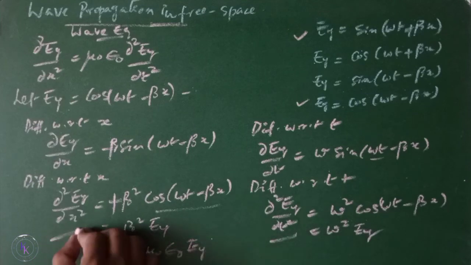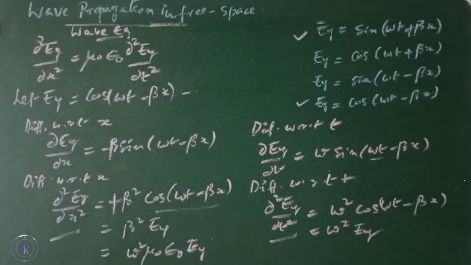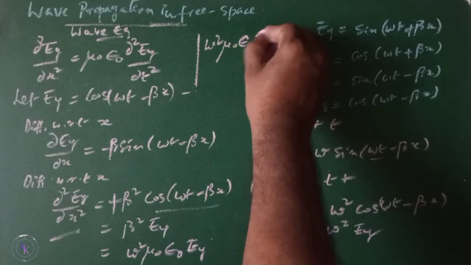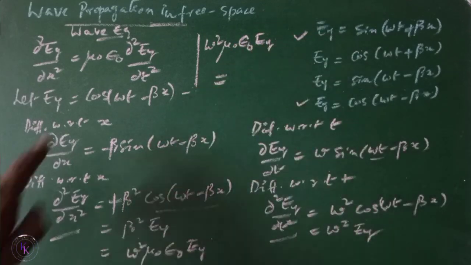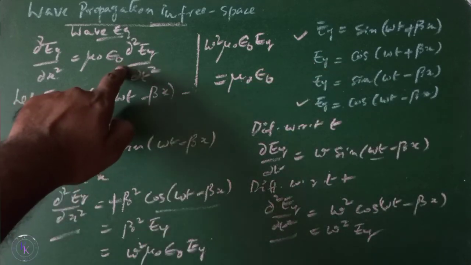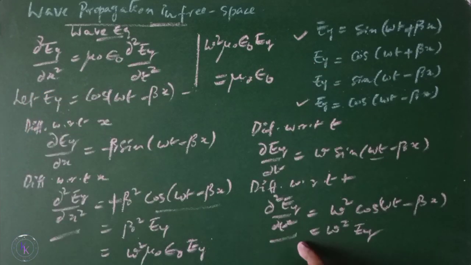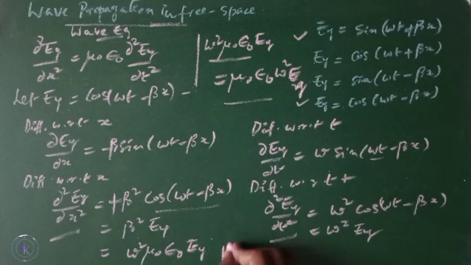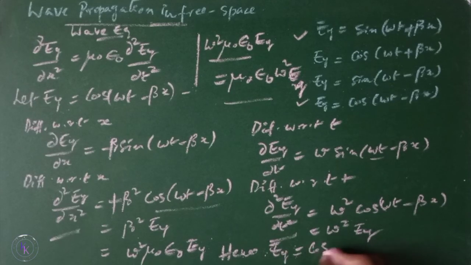Substituting these values in the wave equation, omega square mu naught epsilon naught Ey equals mu naught epsilon naught times omega square Ey, since dou square Ey by dou t square is omega square Ey. Hence Ey equals cos of omega t minus beta x is a solution for the wave equation.